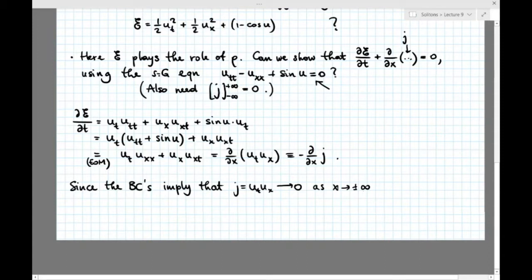And the second condition that we need to obey, the condition that the current has the same finite limits at plus and minus infinity, also holds. And therefore, we can deduce that the total energy, which is the integral over space of the energy density, is conserved, which is indeed the statement of energy conservation.